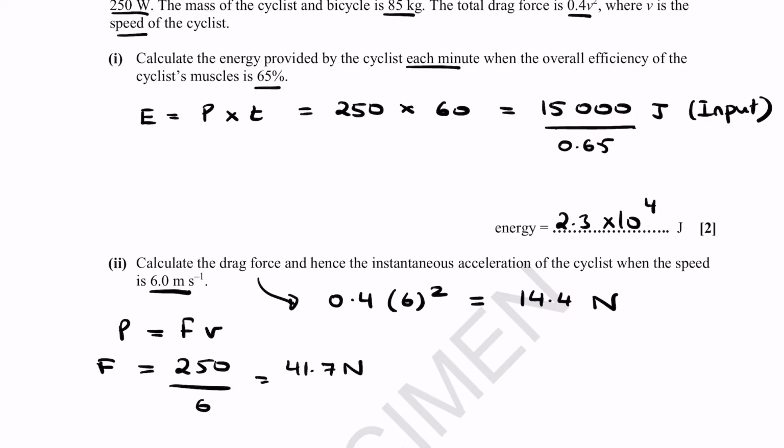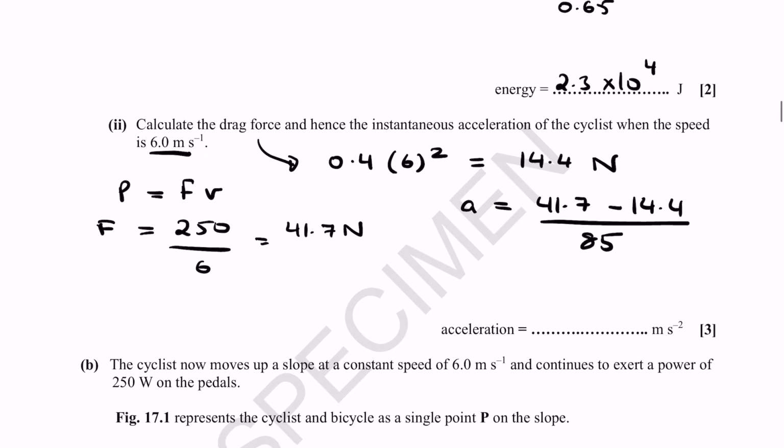So the acceleration is equal to 41.7 minus 14.4 over the mass of the cyclist and the bicycle, which is 85 kilograms, and that gives me 0.32 meters per second squared.